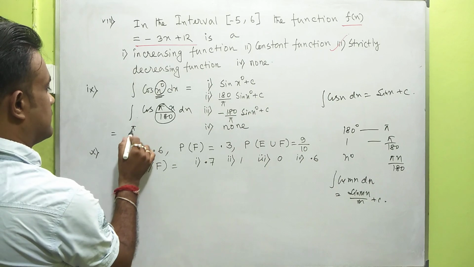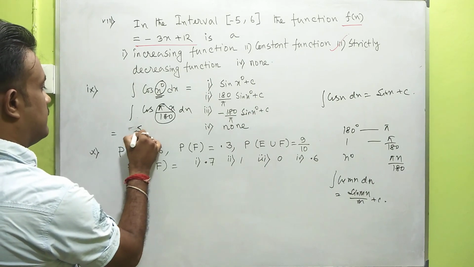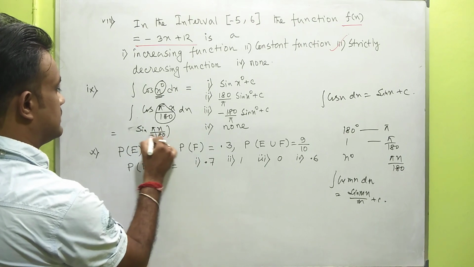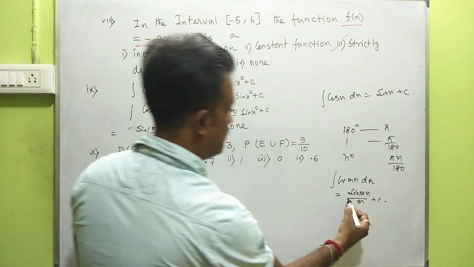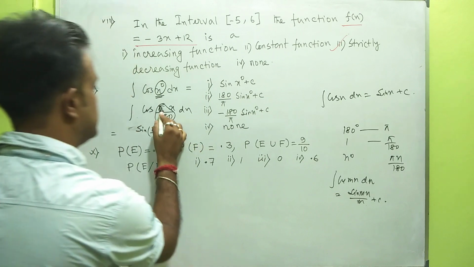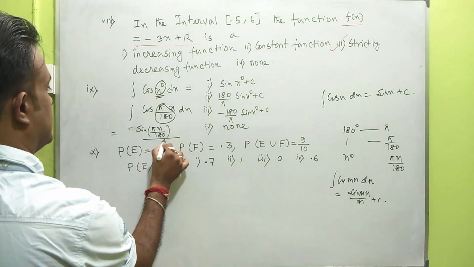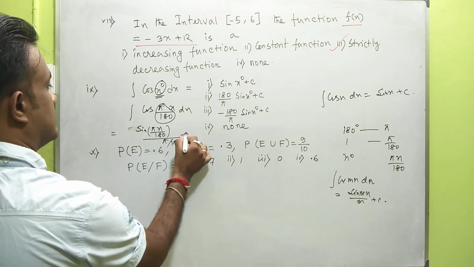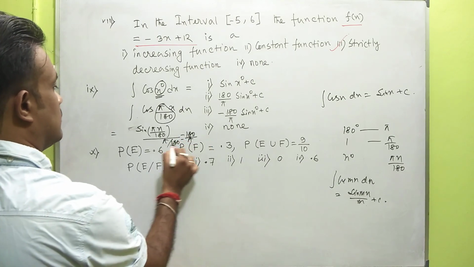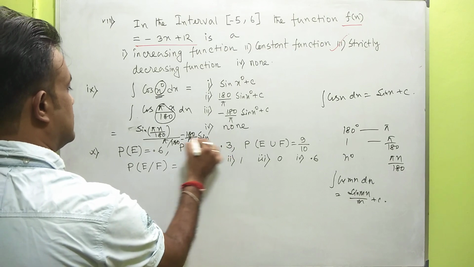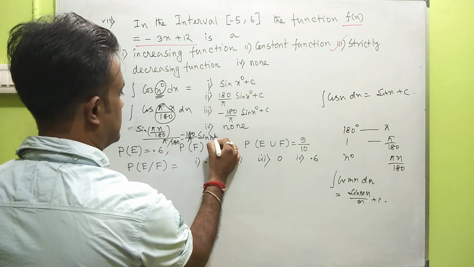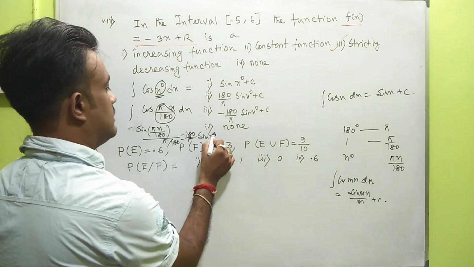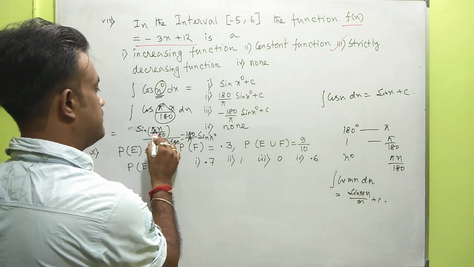This will be sin of pi x by 180, divided by m, and here m is pi by 180. That is, this will be 180 by pi, and this is sin x degree, as pi x by 180 is equal to x degree.